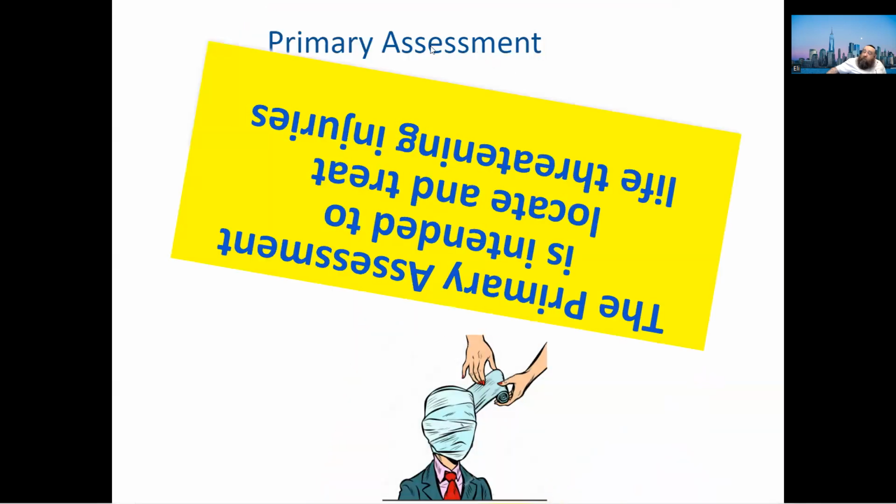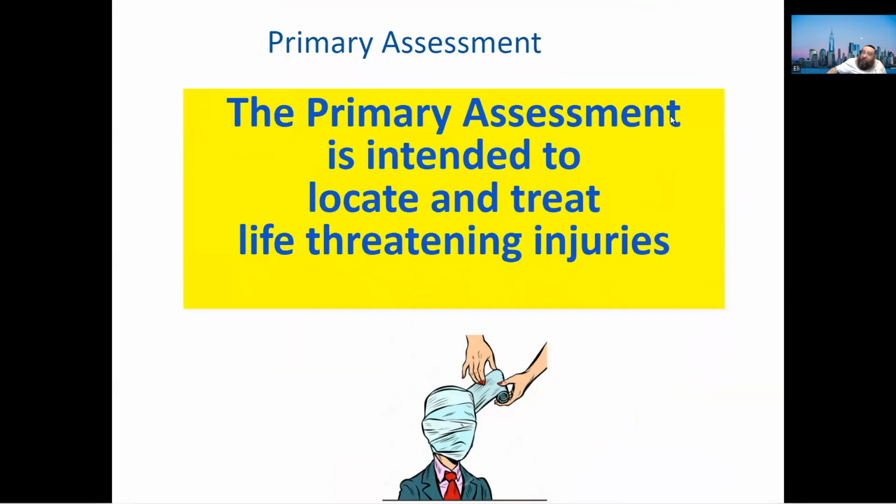Okay, now we're going to do something called the primary assessment. All right, what's a primary assessment? Primary is first, is initial, it's at the beginning. And this is something they can ask, and they might ask on exams, what is the purpose?